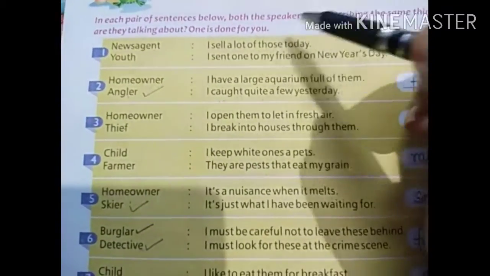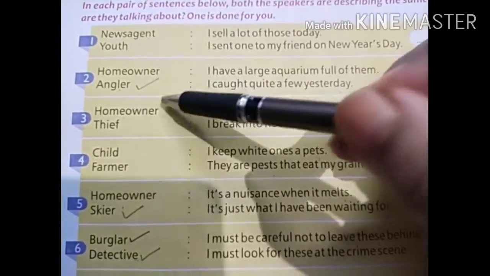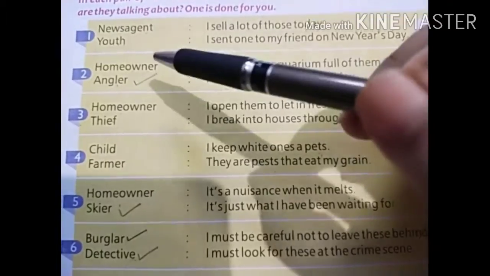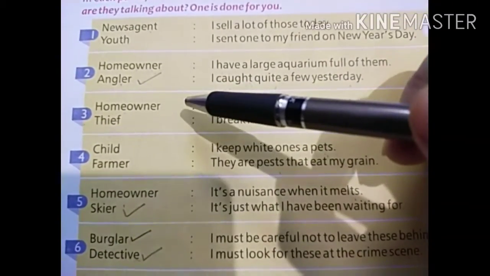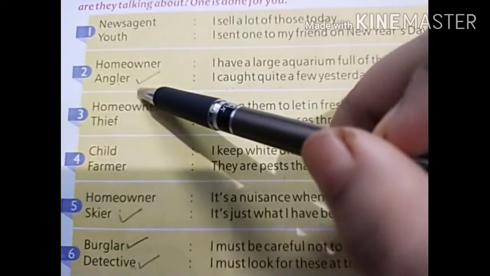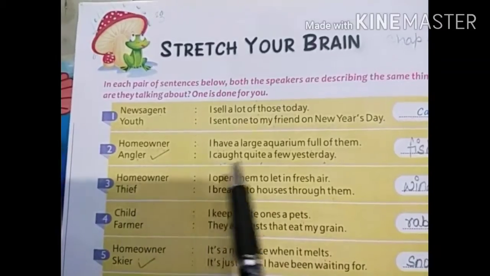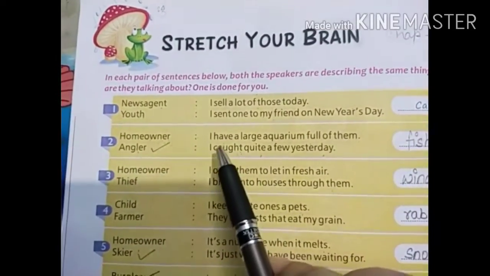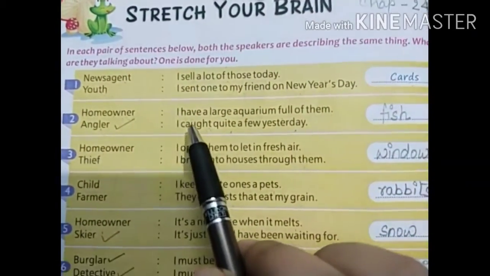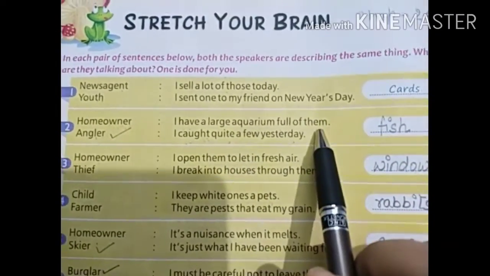Now the second: homeowner and angler. The two speakers of question 2 are a homeowner, the person who has their own home, and an angler. The homeowner says, I have a large aquarium full of them.